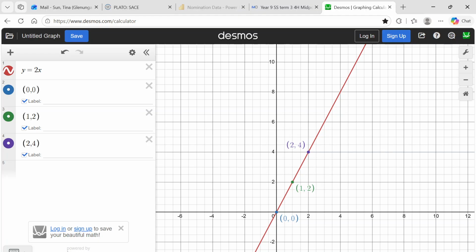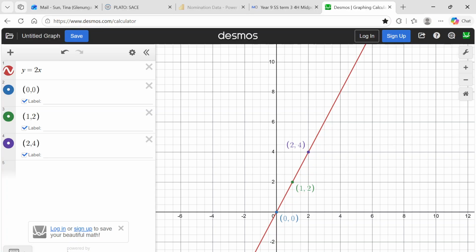Okay, so that is 4 over 2. Or, 4 take away 2, that's 2 units rise up, and then 1 unit running, so 2 over 1. So we can get the gradient is still 2. And you can also find another 2 points here.